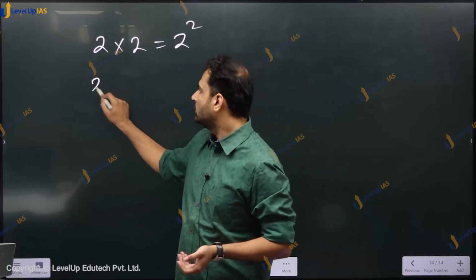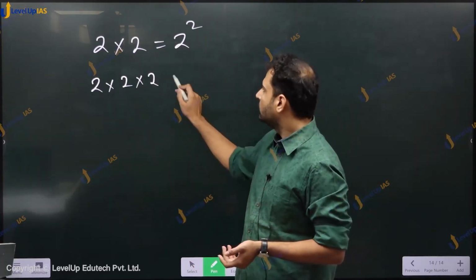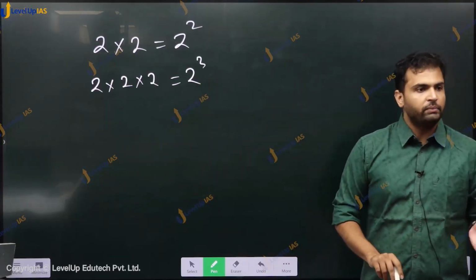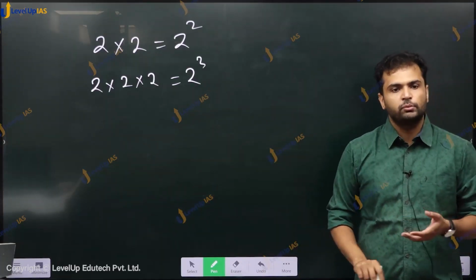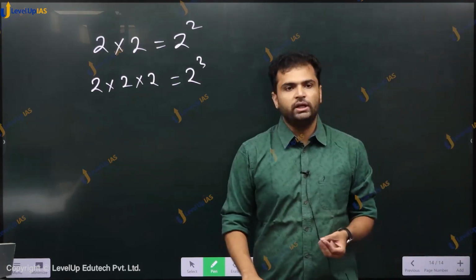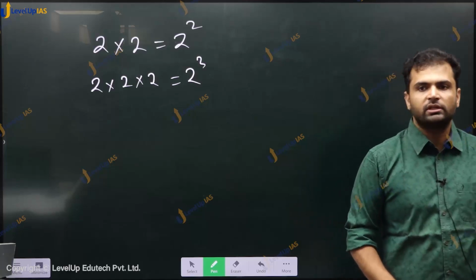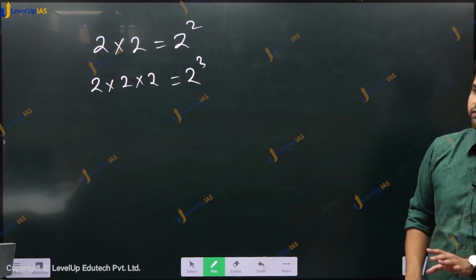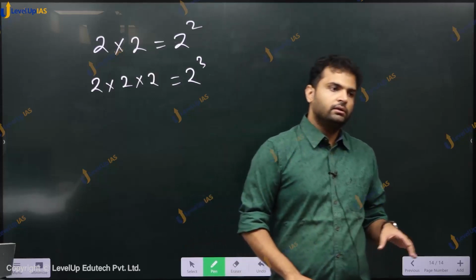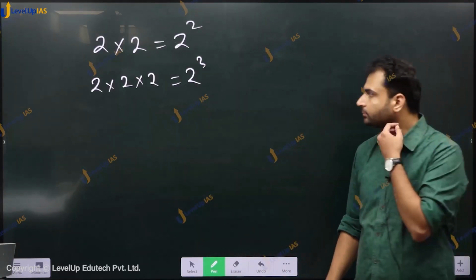Cube is a number multiplied by itself thrice. These are frequently occurring powers in our examinations and question papers. So we should be familiar with squares and cubes: squares of numbers up till 30, cubes of numbers up till 15. Questions have been asked, and that is why we have to be familiar with those.